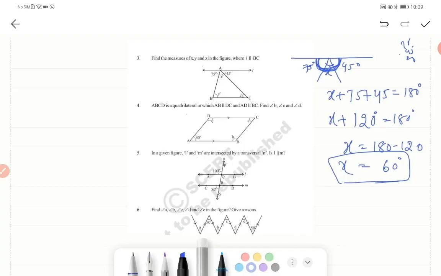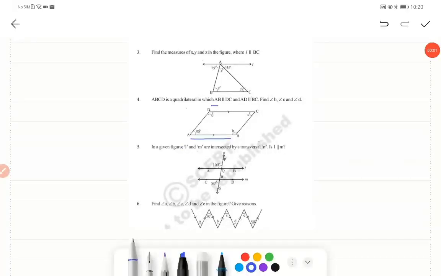Now in the fourth question, this is a quadrilateral in which AB is parallel to DC, and AD is parallel to BC, isn't it? When you extend these lines, you find AD parallel to BC and DC parallel to AB.